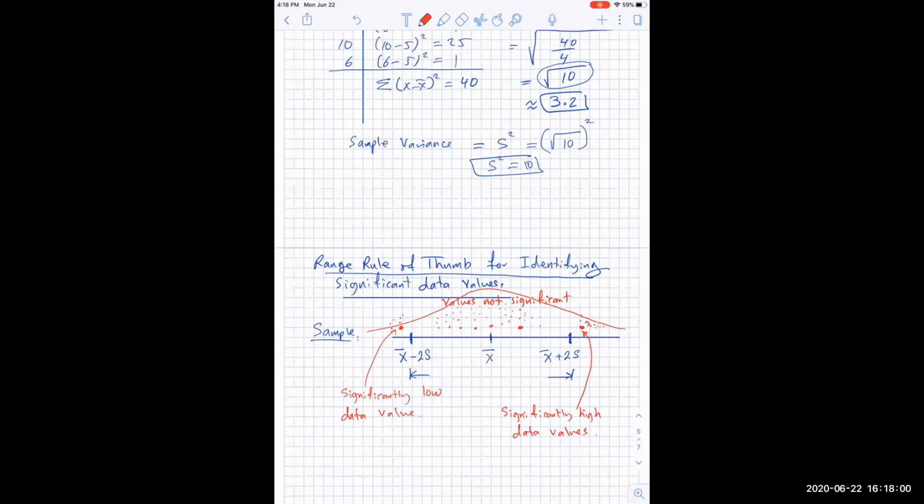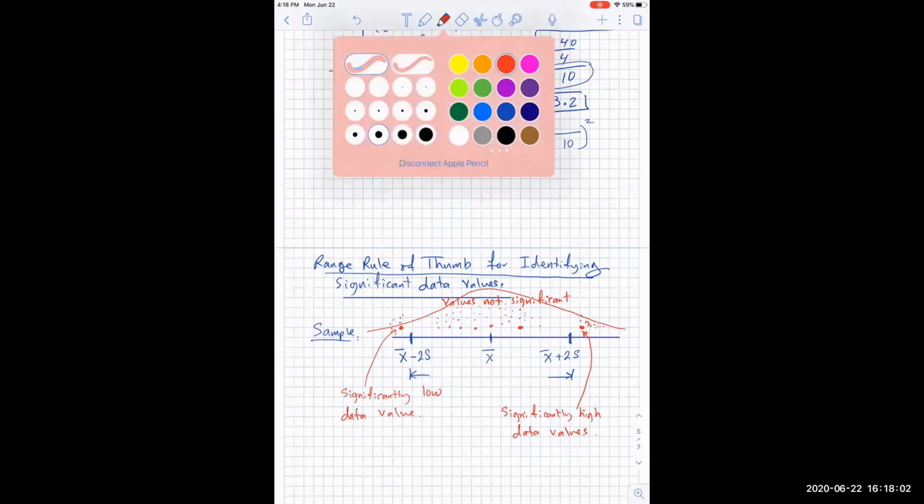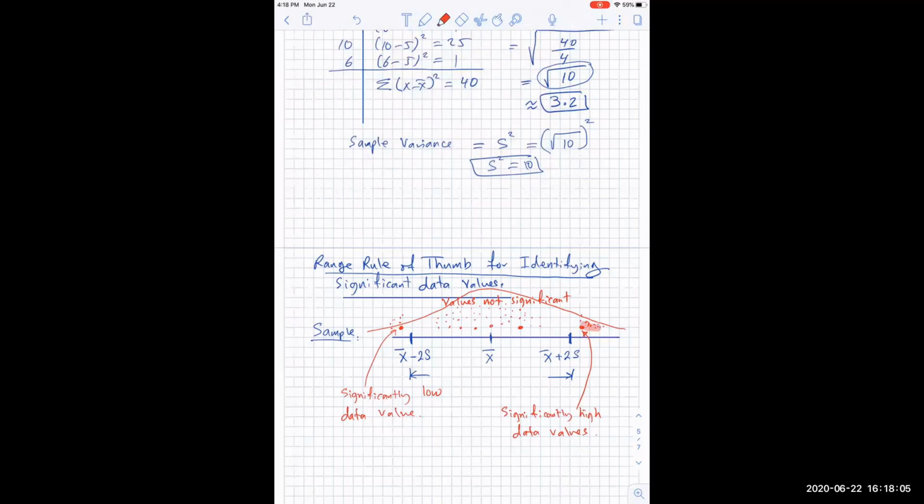Right here, all of these values under the bell curve are considered significantly high, and all of these values in the left tail, to the left of the 2 standard deviation mark, are considered significantly low.